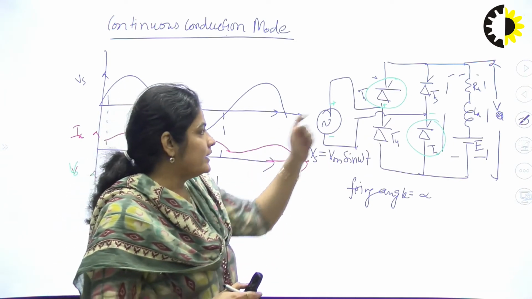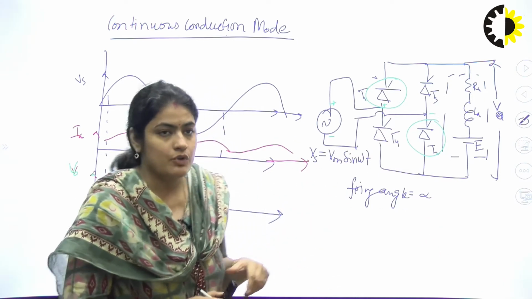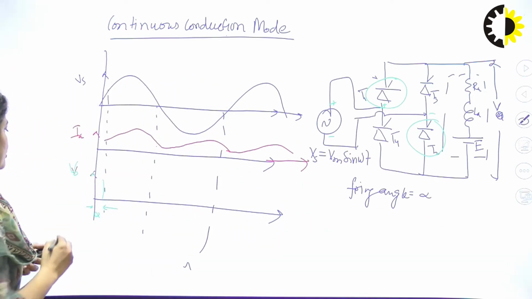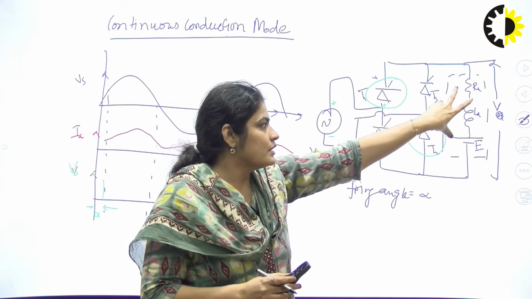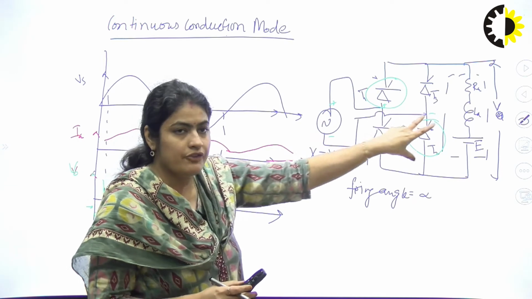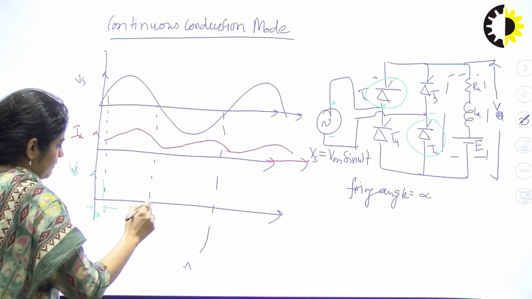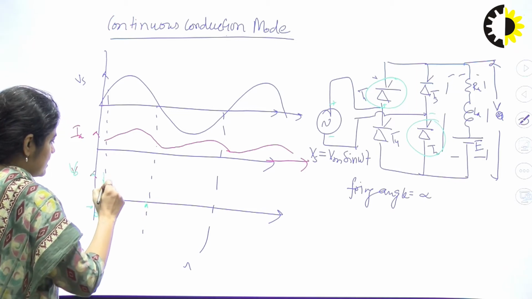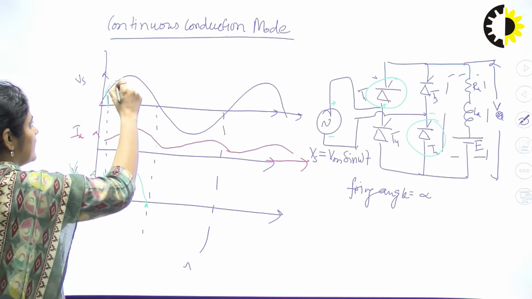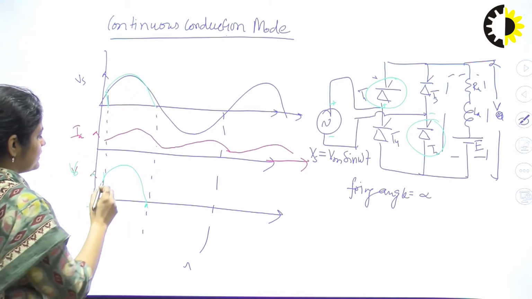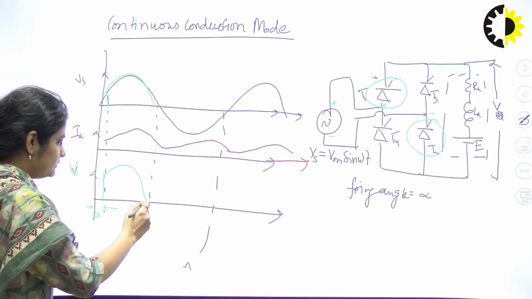Now when we fire T1 and T2 at alpha, they come into the forward conduction mode, and the voltage across the DC motor will be the same as Vs. From alpha till pi you get the same voltage Vs, right? This is V0 during this period, alpha to pi.